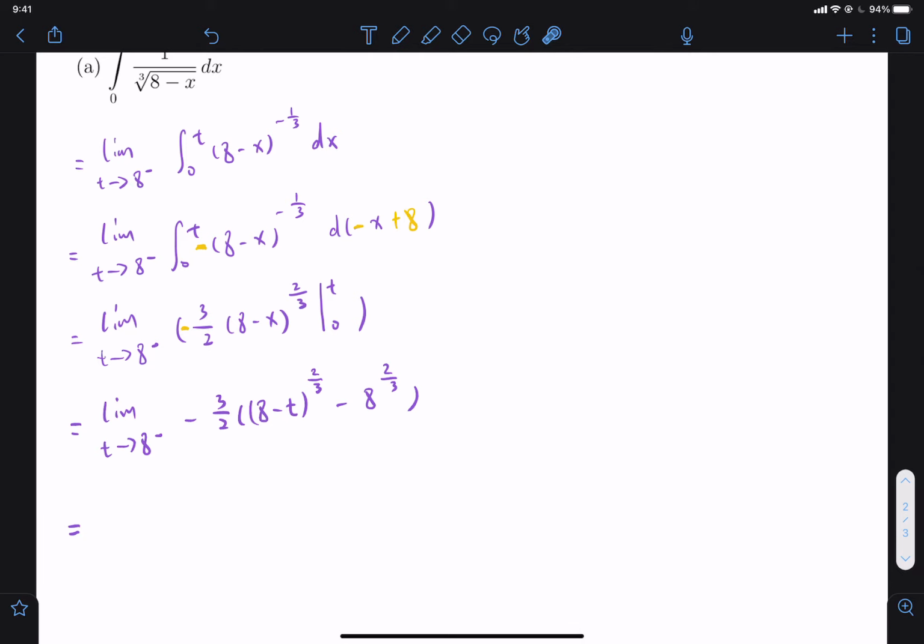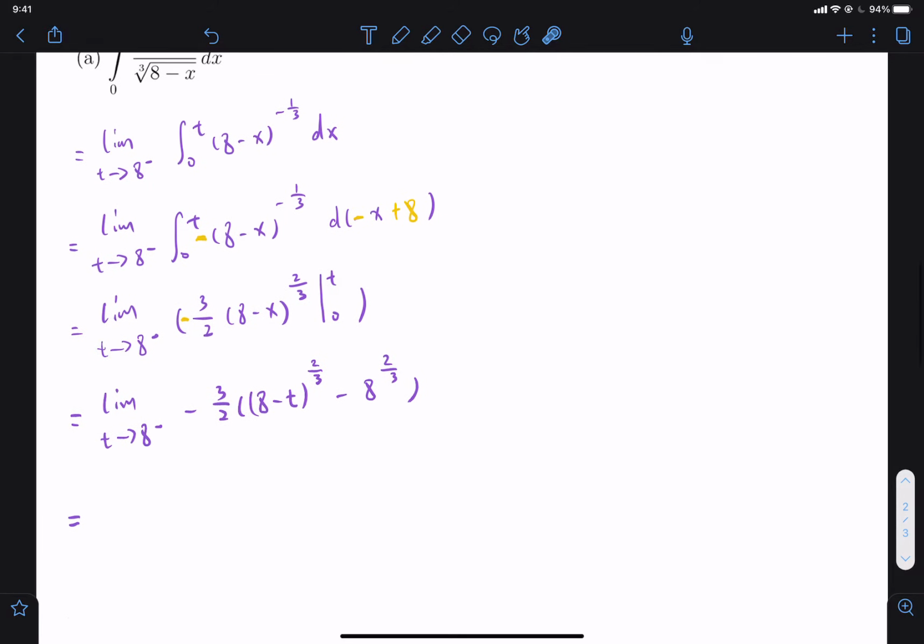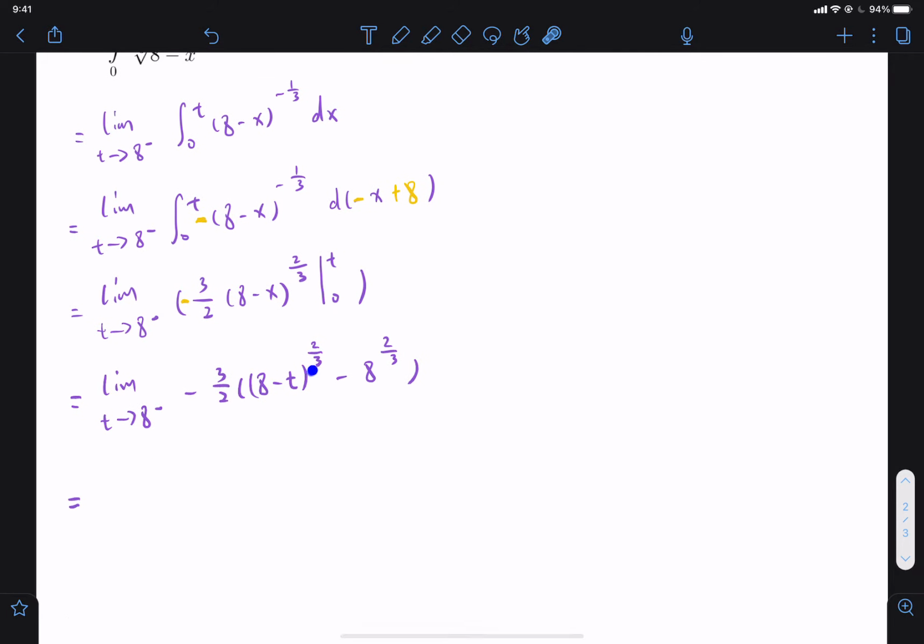Now look at this expression. This expression is the square of the cube root of 3, right? And then t is going to the left side of 8, so 8 minus t is greater than 0, or even less than 0. It does not matter because this is a cube root, right, not a square root.